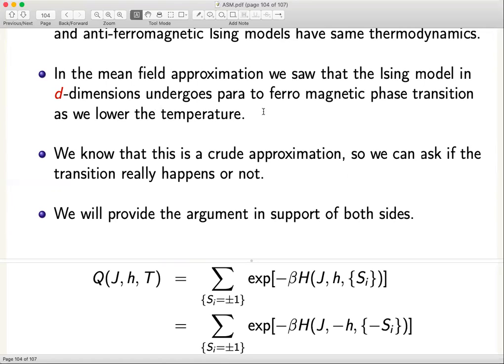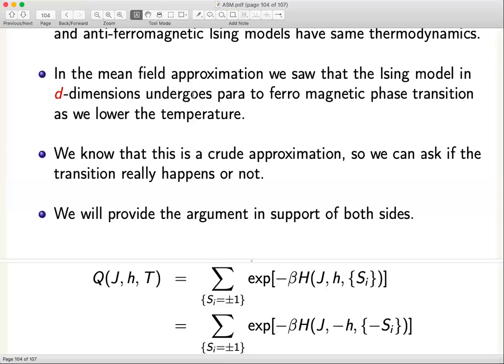As I have emphasized several times, this is a very crude approximation, but it still manages to show that there is a transition, and of course it has been observed experimentally. So mean field theory at least manages to crudely reproduce the structure that one sees in realistic systems.